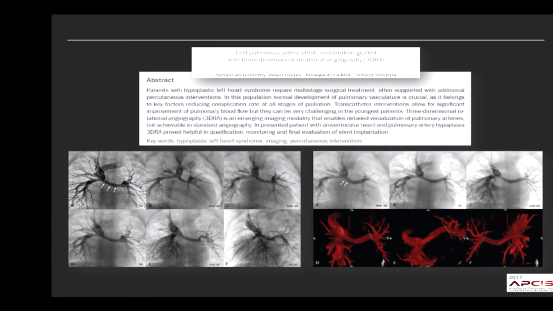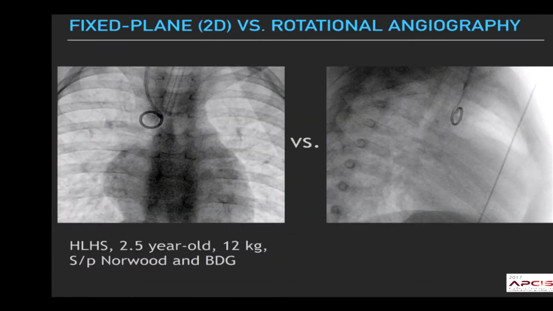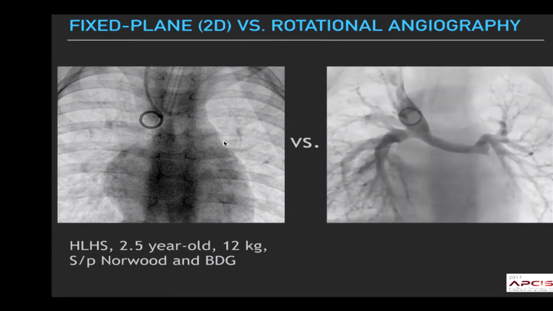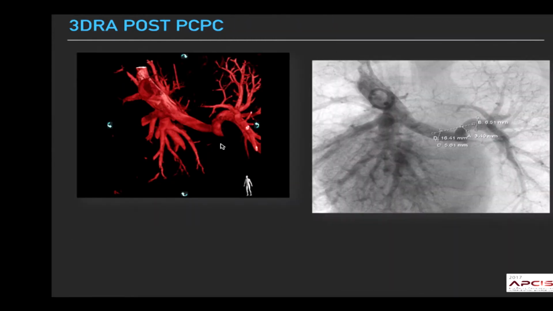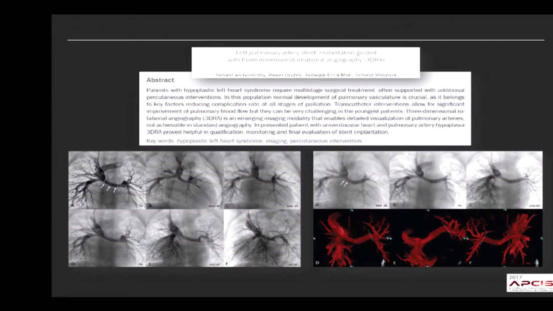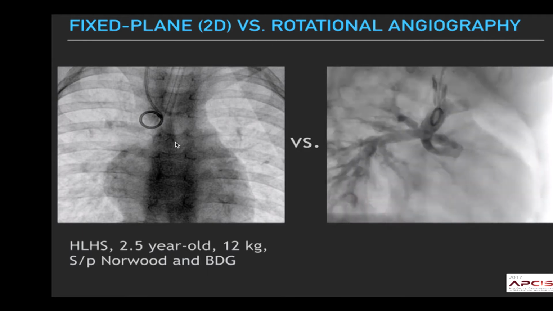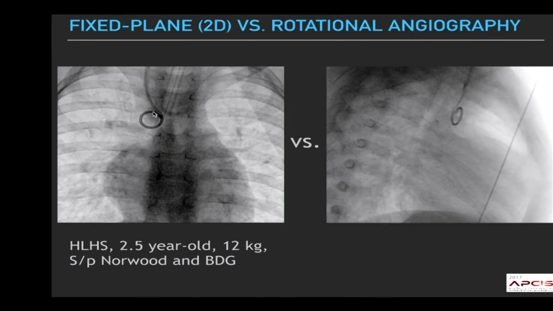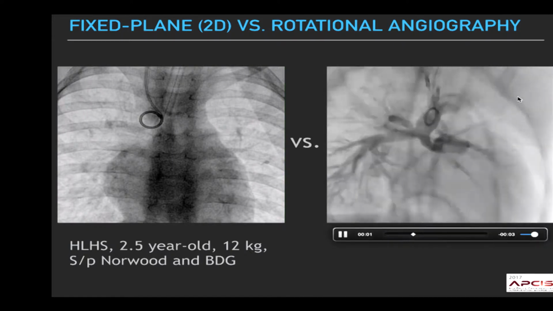Okay, so from imaging, we went to using that information in interventions. And here you can see a patient after Glenn, and I would like to show you, okay, hopefully that will run. Okay, that doesn't run. So the idea on that slide was to show you regular 2D angiography versus rotational angiography, which is here.